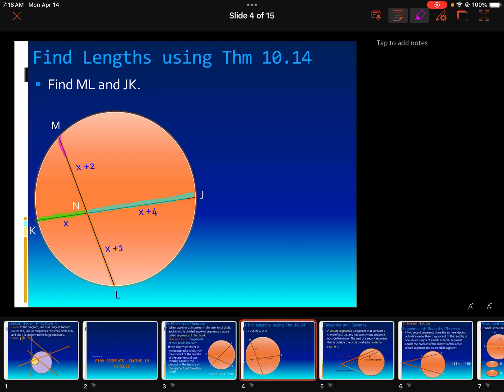The other chord is a combination of our purple and our yellow. Now, if you multiply purple and yellow together, that should equal green and blue. So let's take our purple, multiply it with our yellow. That must equal our green times our blue.